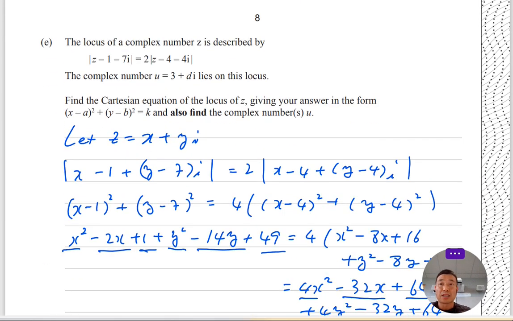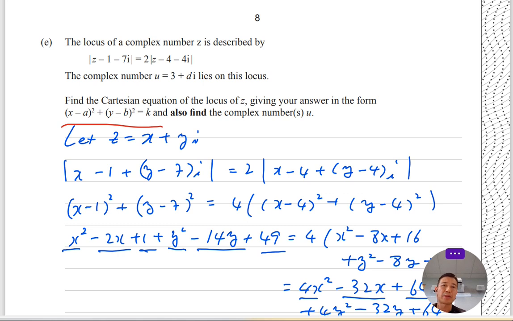Right, question E. The locus of a complex number z is described by that. The complex number u equals 3 plus di lies on this locus. This year I find that there are lots of loci problems. Find the Cartesian equation of the locus of z, giving your answer in the required form. Yeah, so this is a circle.